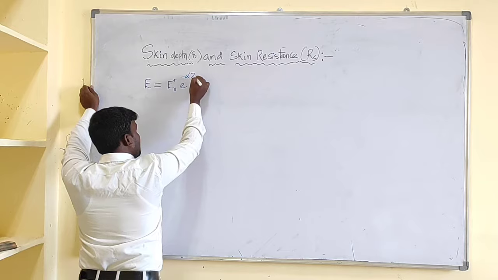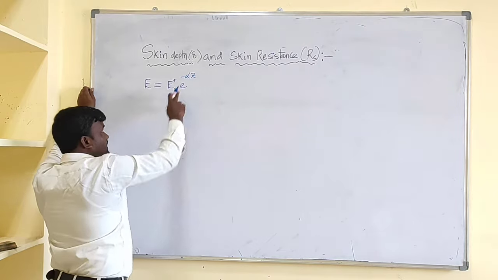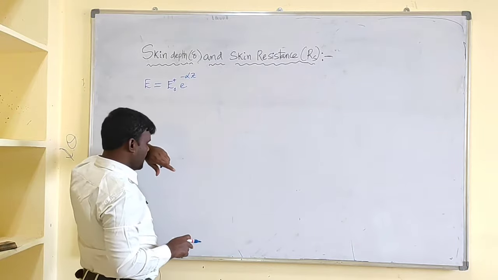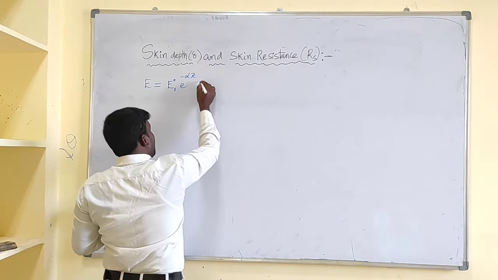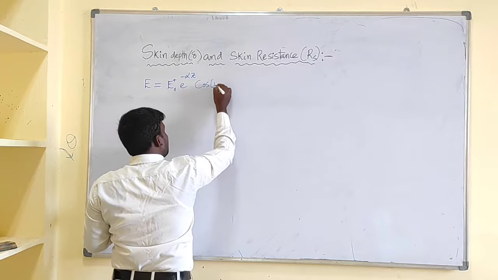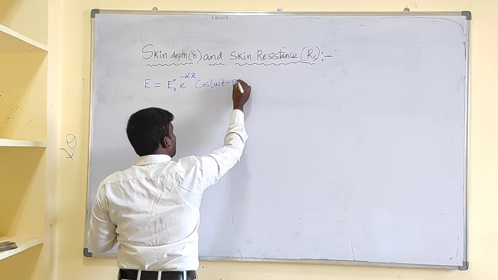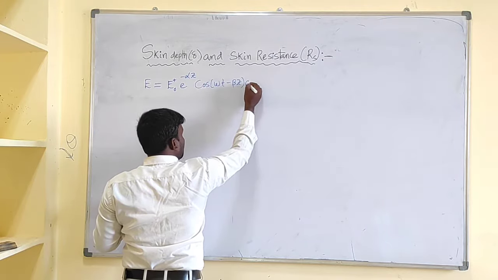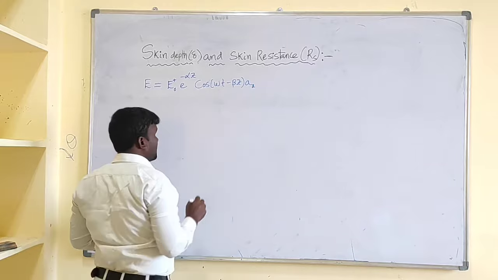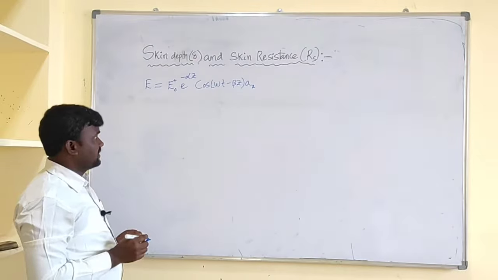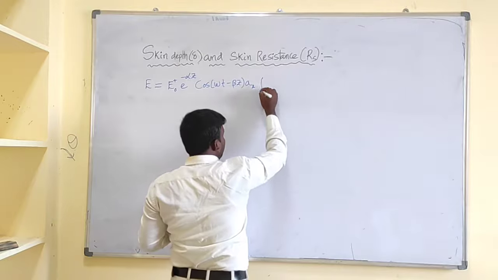So E naught plus e to the power minus alpha z, cos of omega t minus beta z. Let us say the electric field is along the x direction and the wave is traveling along the z direction, for a lossy medium.